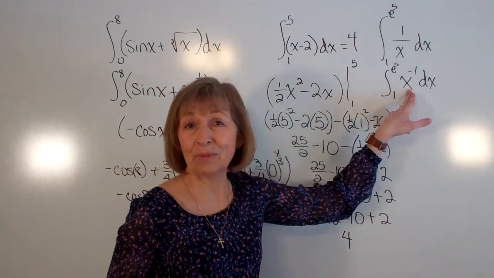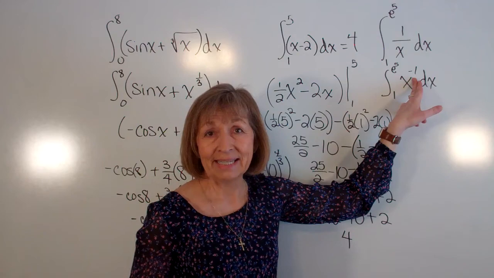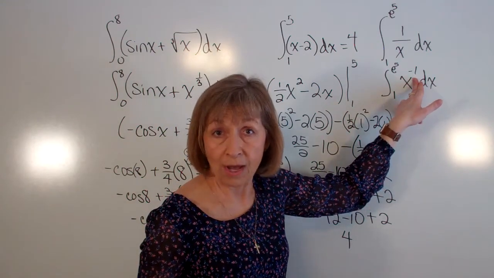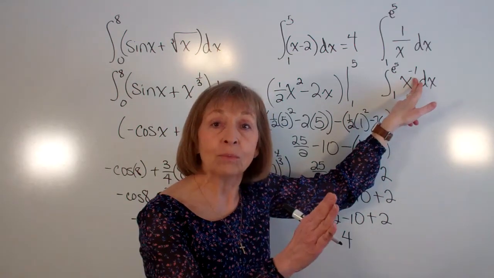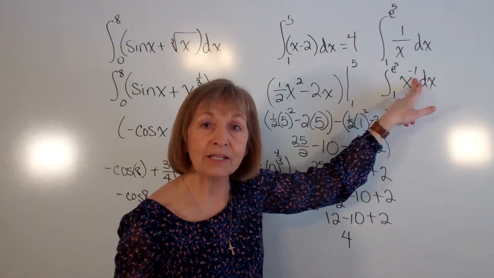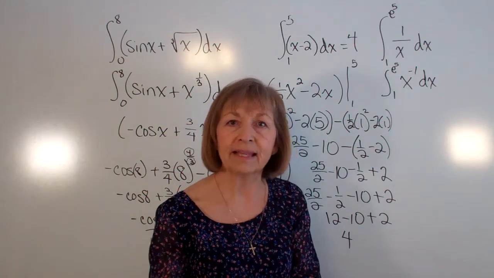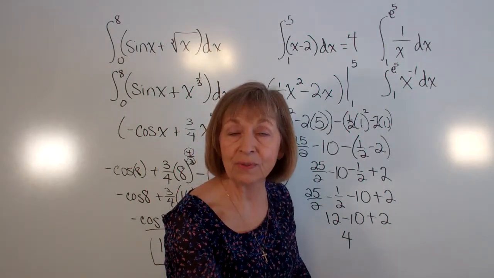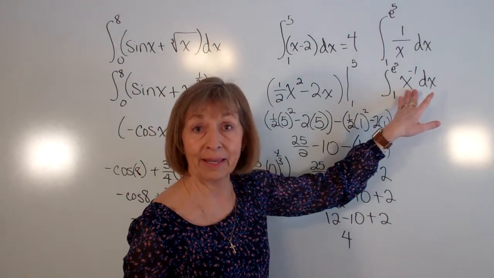But this is letter-based to number power where my number power is negative 1. If I try to add 1 to negative 1, I get 0. And I can't divide by 0. You add 1 to the exponent and divide by that. But if that process makes you divide by 0, that's like your aha, oh, that's right, that's the one that goes back to the natural log of the absolute value of your letter base.